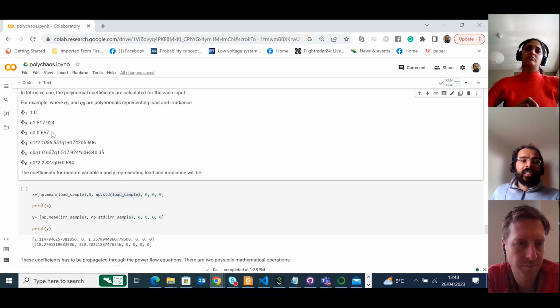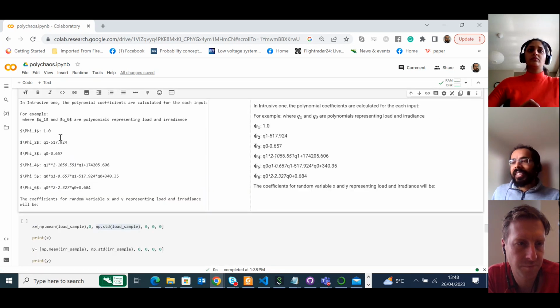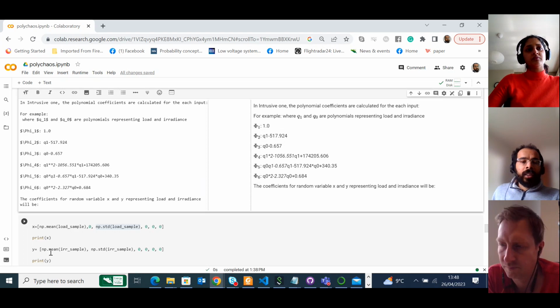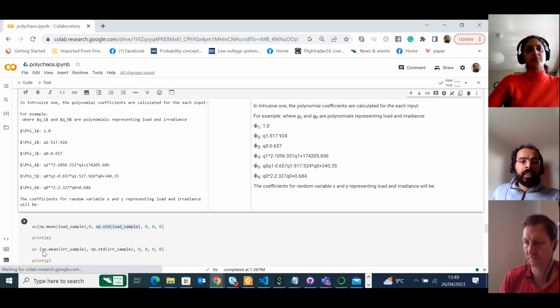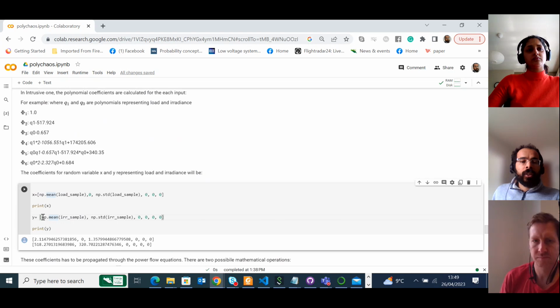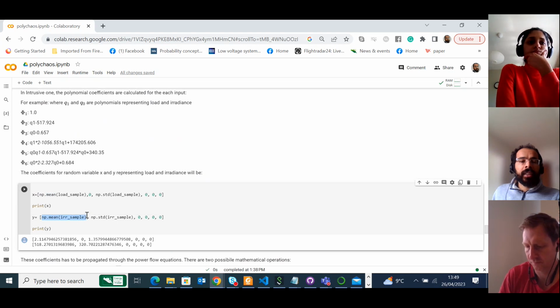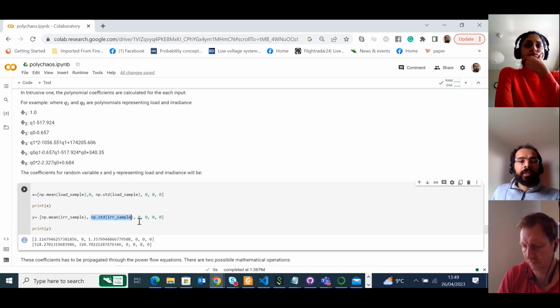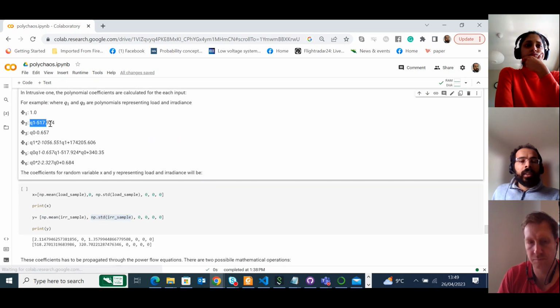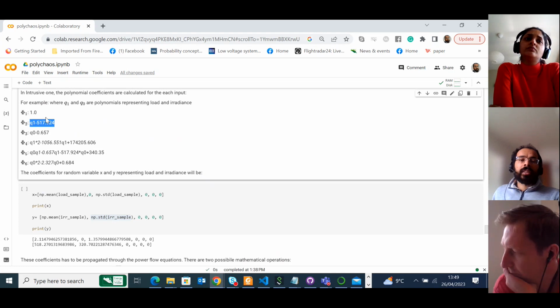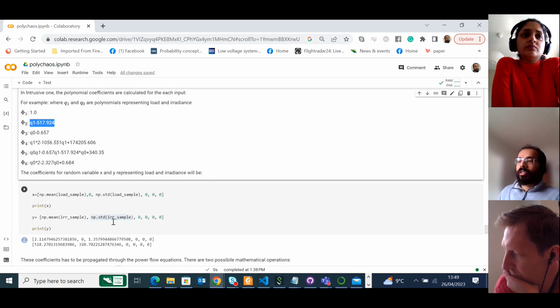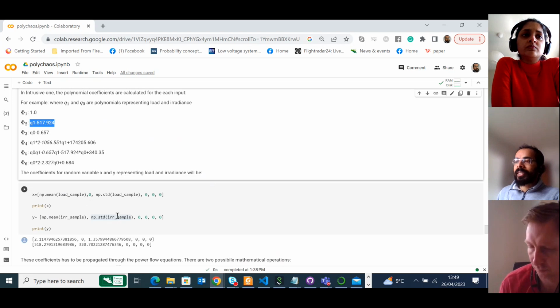So load is dependent on the polynomial which is load, right? And y is irradiance. For irradiance, we take the first coefficient as the mean of the irradiance sample, and the second coefficient as the standard deviation of the irradiance sample. Here the second polynomial is the irradiance, so the second coefficient should be about the irradiance.